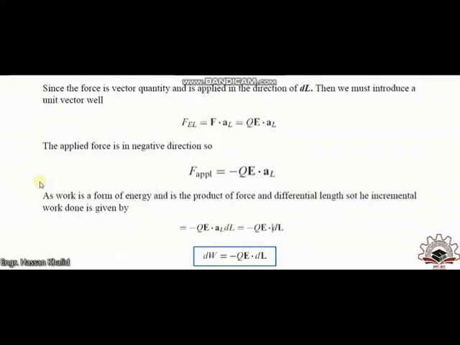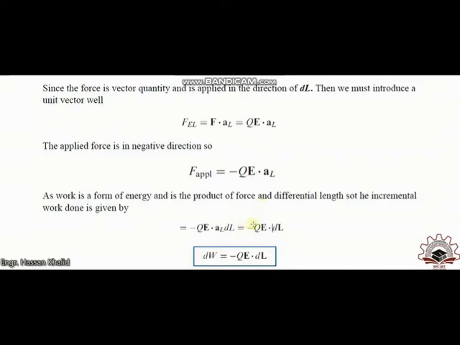In this case, our applied force is F applied, and the body is covering the incremental distance dL, so we plug all the values into the final equation and it becomes F equals negative Q E dot aL, the unit vector, times the incremental distance dL. Fine.